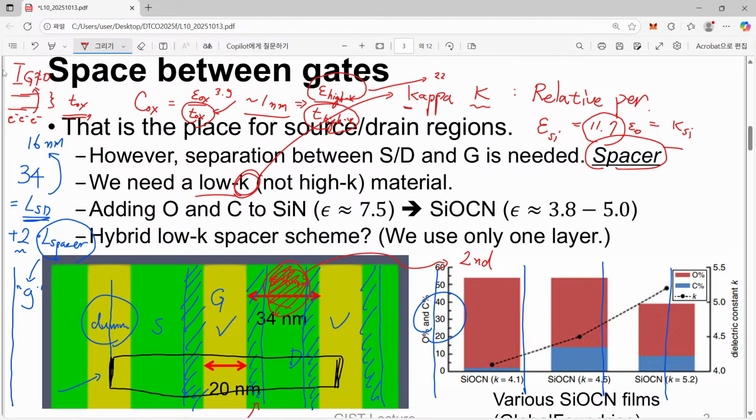So when we make a comparison, there is more than a factor of 5 difference between their epsilon values. It means that even when we increase our thickness by a factor of 5, we still have the same electrical capacitance value, while physically having more than 5 times thicker oxide layer using high K material.